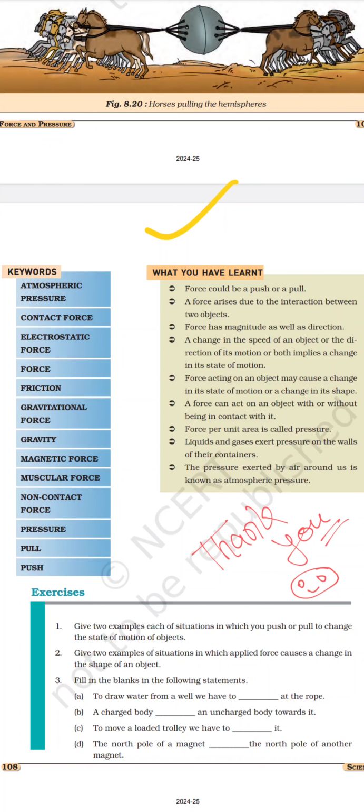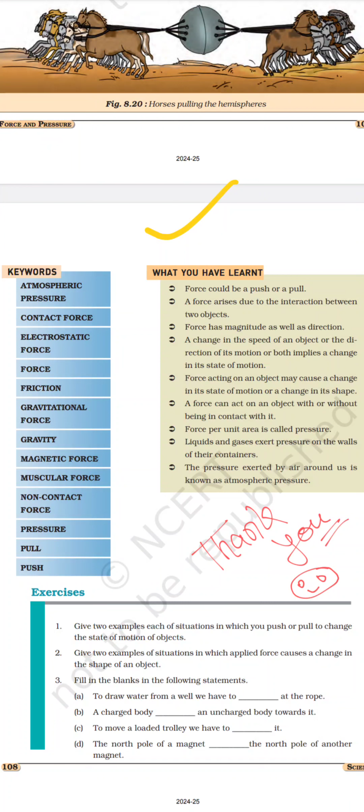Next, force acting on an object may cause a change in its state of motion or a change in its shape. Next, a force can act on an object with or without being in contact with it.